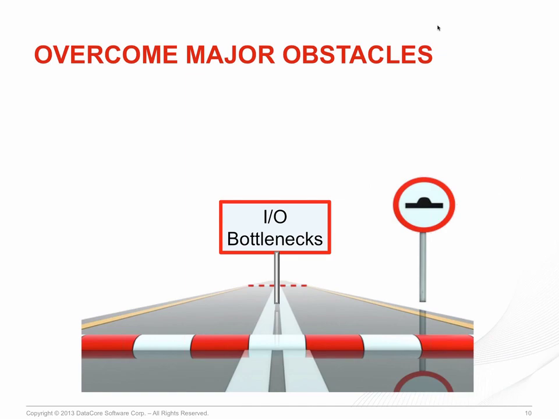When we talk about virtualization and obviously tier one applications, the first thing you think of is IO bottlenecks. This is the first major obstacle you have to lift, because every time we talk about administrators for databases or for websites, they want the fastest.